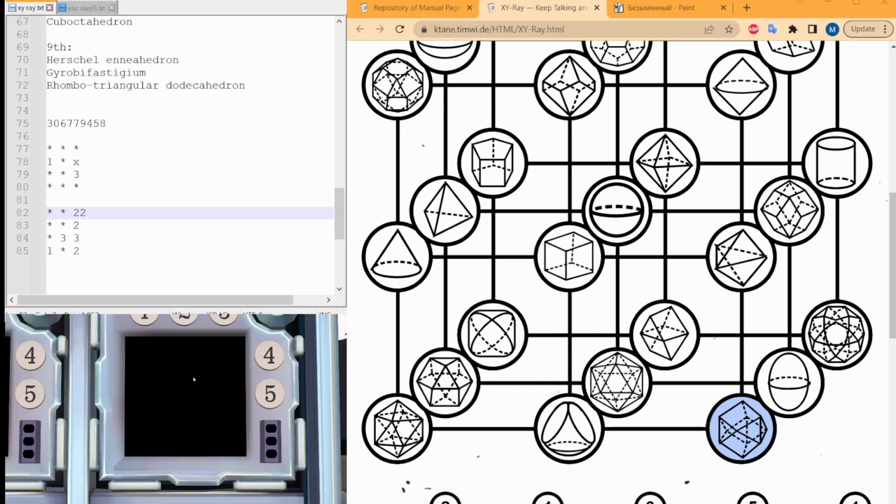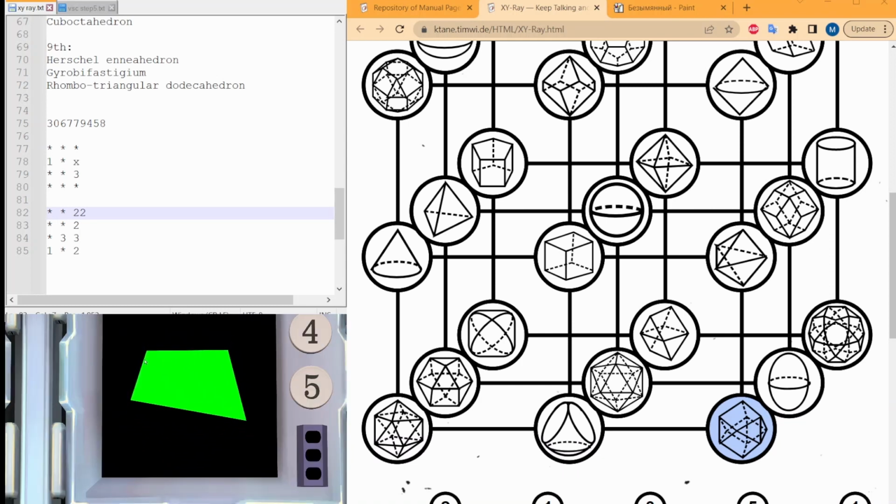I found out what's the problem. 2 of the 3 I found are actually imposters. Because if you pay closer attention here, look here.